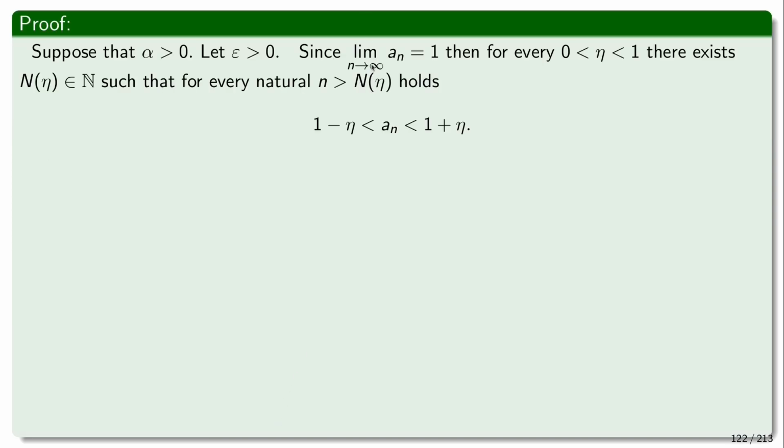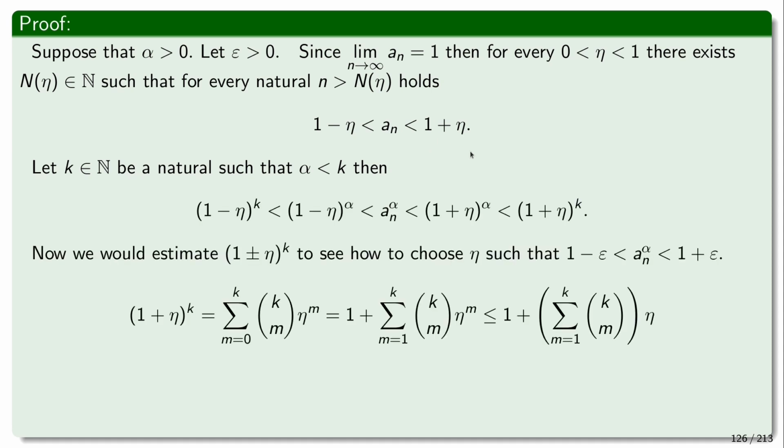Okay, so then we wanted to show that if a_n converges to 1, then a_n to the power of alpha would converge to 1. But basically, if a_n converges to 1, then we can choose eta. For every eta that is positive, we have this inequality, and then we'll choose eta in a sophisticated way. Here we've used the binomial formula and the properties of the real exponents.